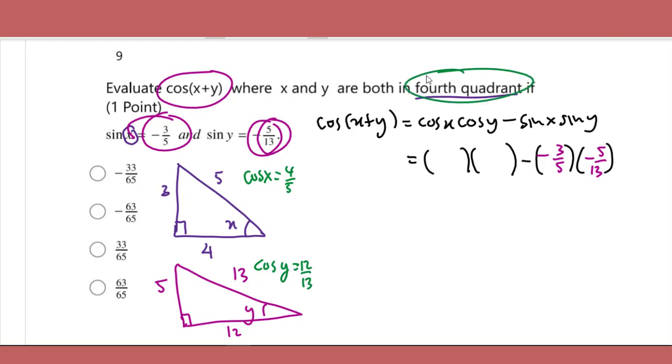In the fourth quadrant cos is positive, so cos x and cos y are both positive. Then simplify: 48 over 65 minus negative 15 over 65, the answer is 33 over 65. Okay.